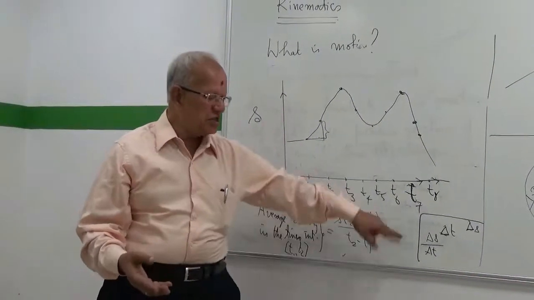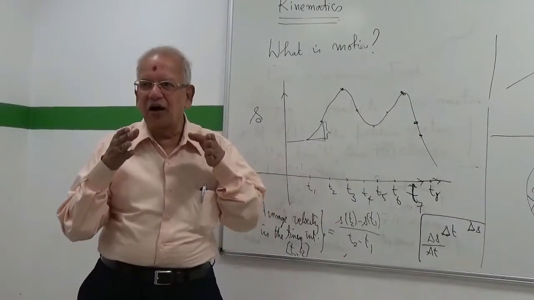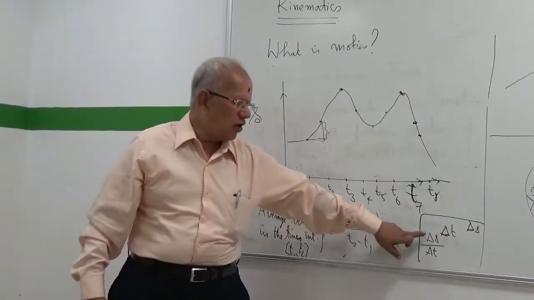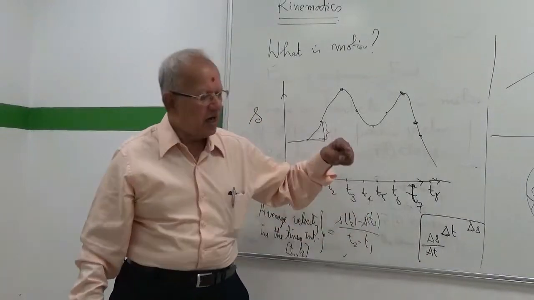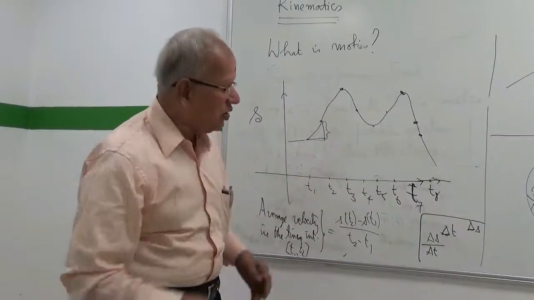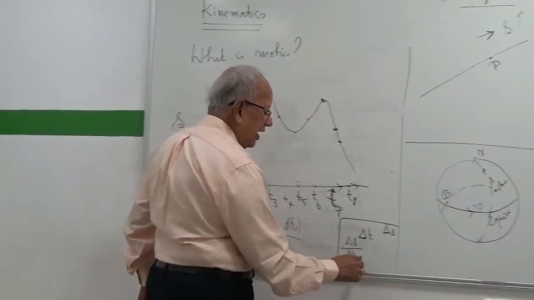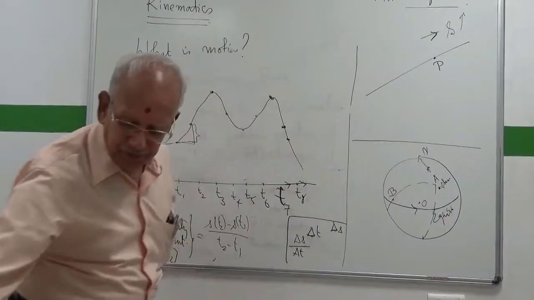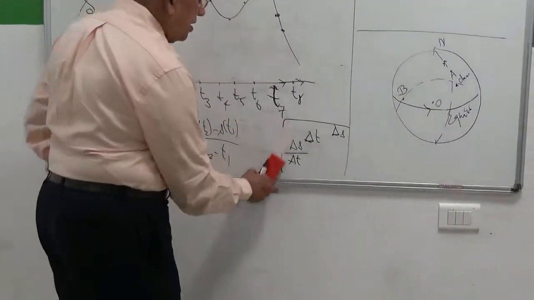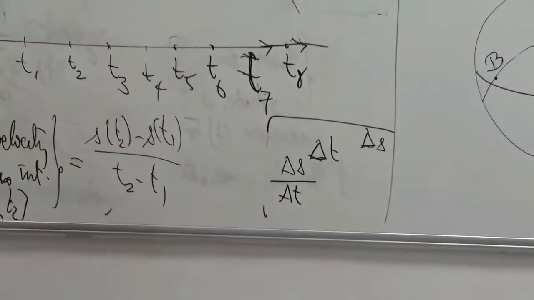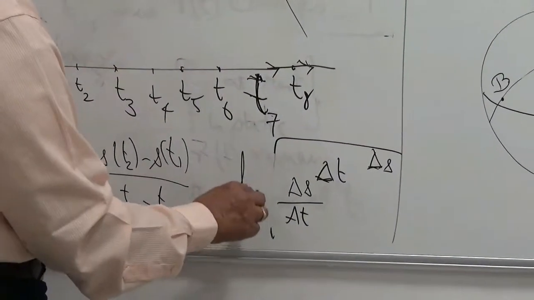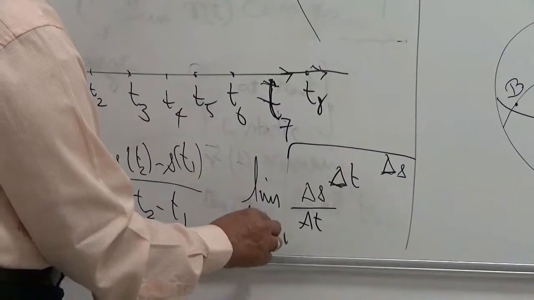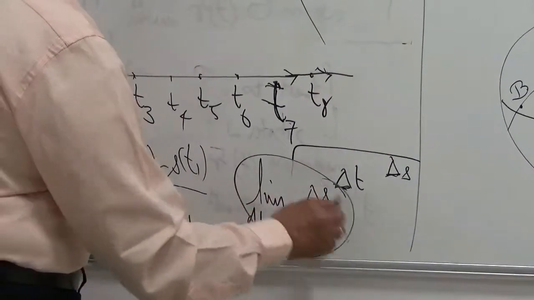So we look at what happens to this ratio as delta t approaches 0. That we call the limit of this as delta t tends to 0. So we look at the limit as delta t approaches 0 of this ratio.